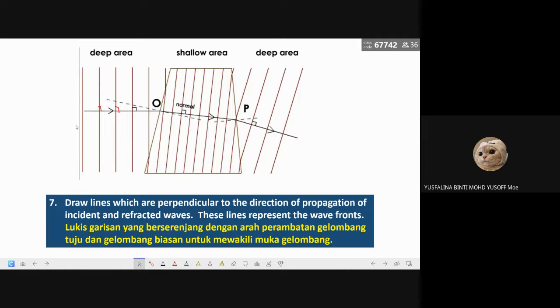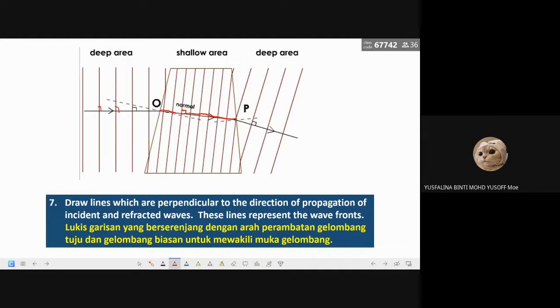So when you draw the straight line here, it should be 90 degrees with the direction of propagation. And also here, same.